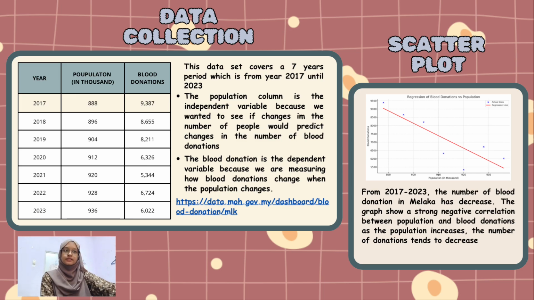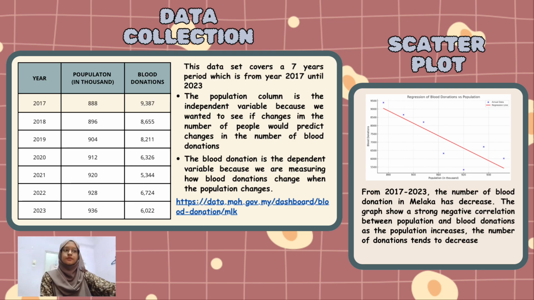In this analysis, population is treated as the independent variable, while blood donations are the dependent variable. This means we are examining how changes in population might influence blood donation rates. The scatter plot on the right visualizes this relationship.